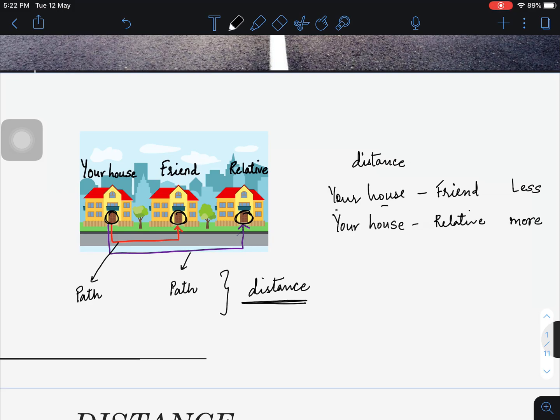Because we are considering two cases, I can compare the two. The distance between your house and your friend's house is less, but the distance between your house and your relative's house is comparatively more.